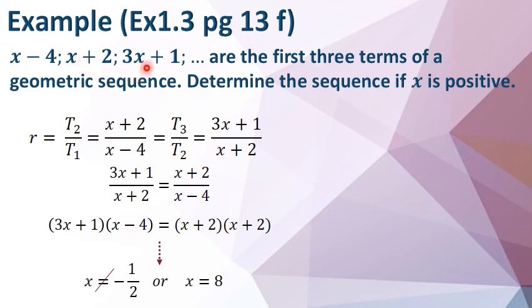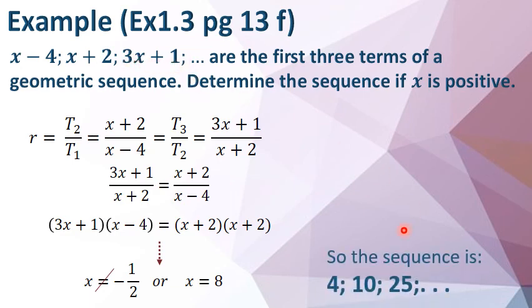It means generate term number 1, term number 2, and term number 3 using the value you found for x. So I'm not showing the substitution because I know you know that when you put 8 in the place of x over here, 8 minus 4 will give you 4, 8 plus 2 will give you 10, and 8 times 3 plus 1 will give you 25. So the sequence is 4, 10, 25. There you've answered the question.